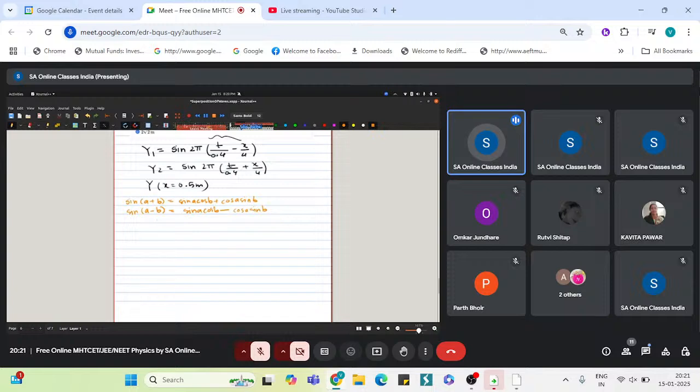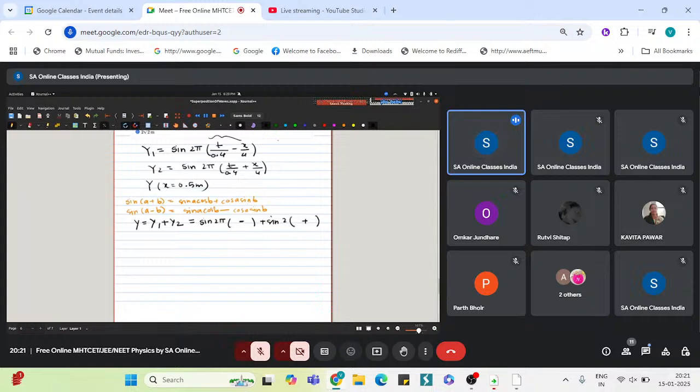So these are the two trigonometric identities that we are going to use. The resultant wave that we are going to find is y is equal to y1 plus y2, which is going to be equal to sine 2 pi, I'll just write this as one bracket with minus, plus sine 2 pi, same bracket with plus.